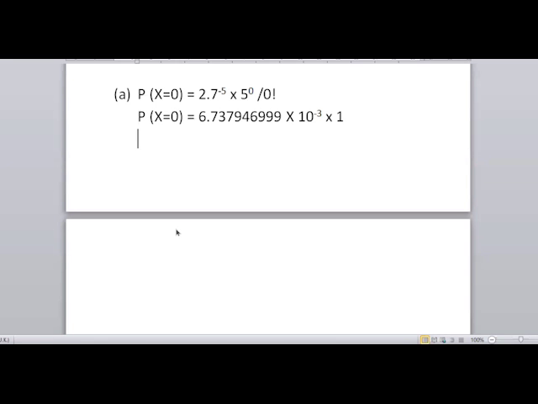P(X = 0) is equal to, I prefer you write correct to about 4 or 5 decimal places. So it will be 6.738 multiplied by 10.